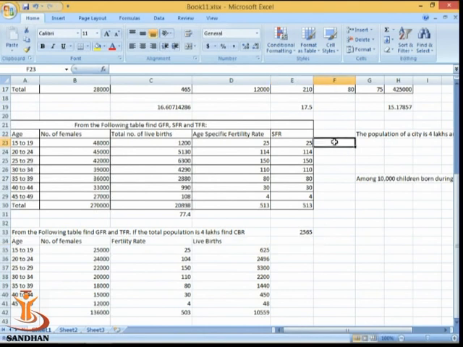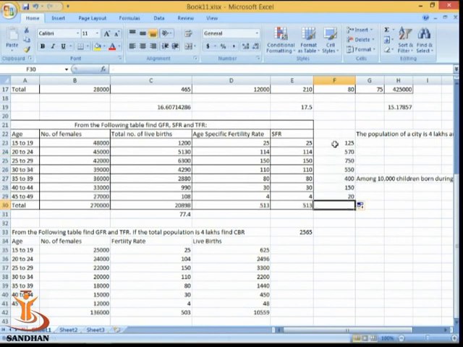In place of this, if you do for each and every age group, means SFR into 5, as every age group is having here 5. Here also I can multiply equal to this, multiply by 5. If I need to multiply each and every one by 5, so I drag, I am getting this.